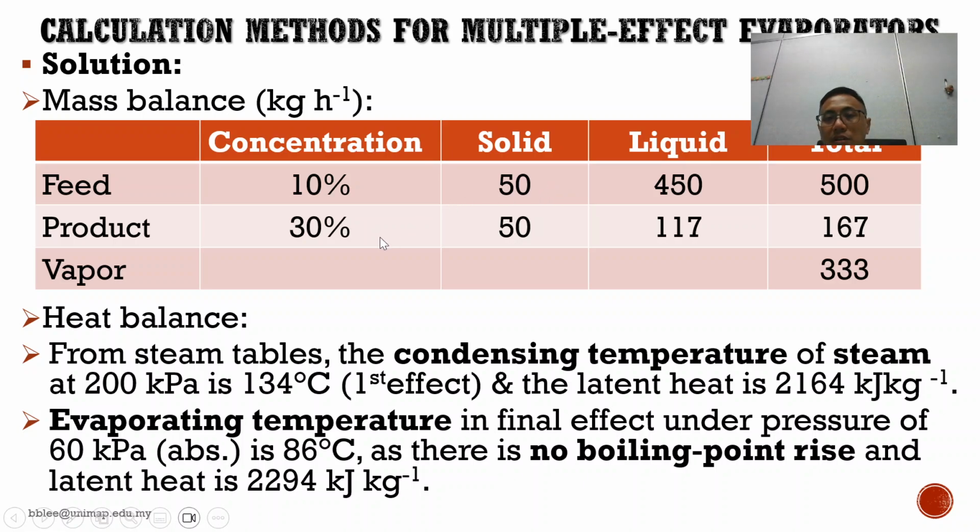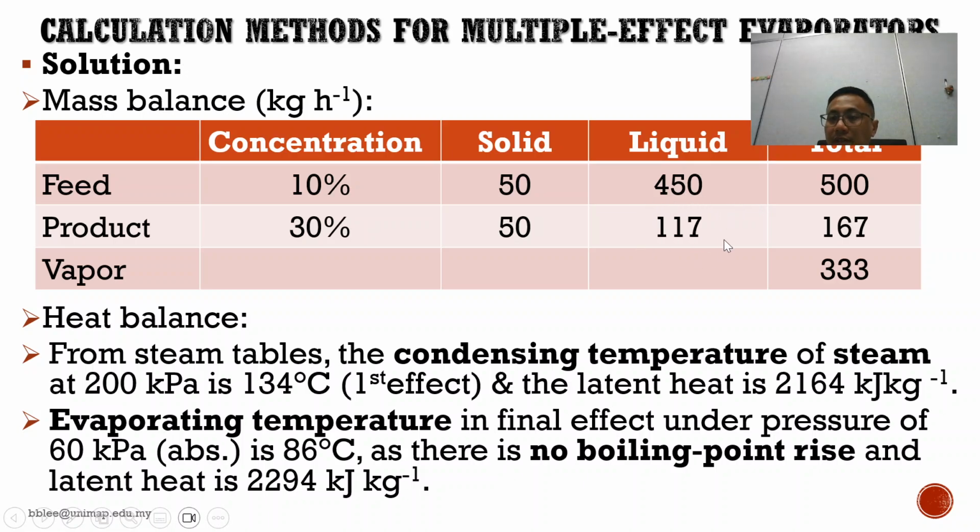Okay, if the concentration is 30, since the solid will not disappear, only the liquid water is being evaporated, the solid at the end of the three effects will remain the same at 50. The concentration is changed to 30. So to make the final concentration 30%, the solid still remains 50. The liquid volume should be reduced.